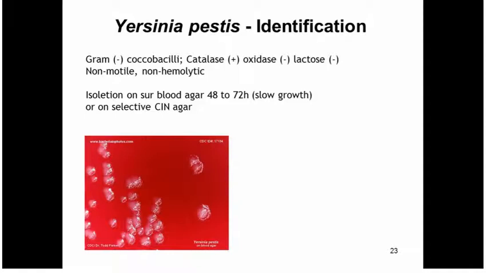Okay, so characteristics of, we're going to be running late. So what are the characteristics of Yersinia pestis? Gram-negative, small bacilli, catalase positive, oxidase negative, lactase negative, so they're not colibacilli.